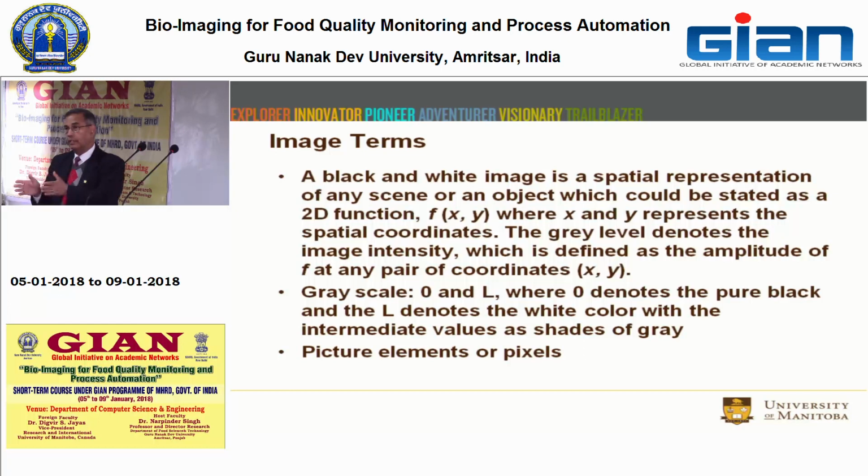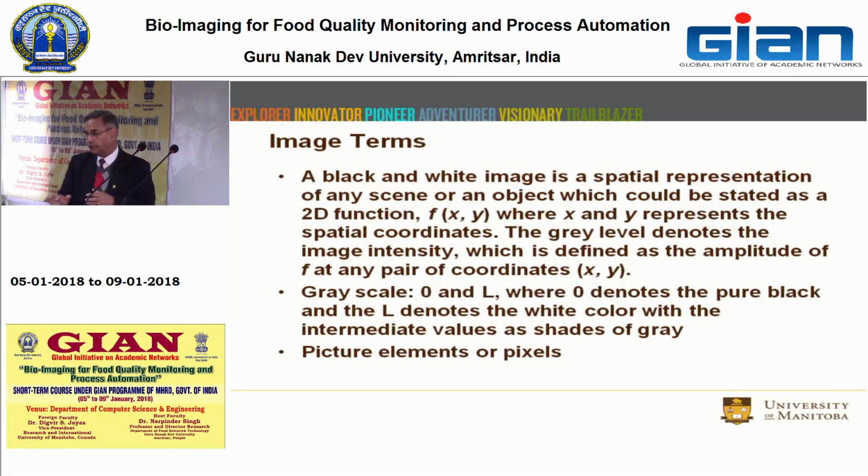So it is a 2D function where XY represents the spatial coordinates, and the gray level denotes the image intensity, or the value of f at any point denotes the intensity. The amplitude of f at any point defines the gray level.